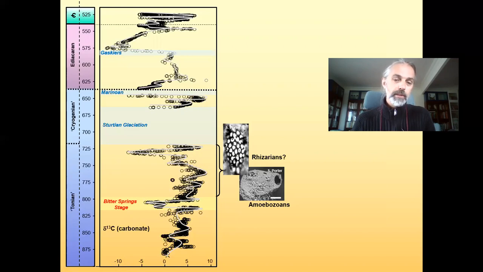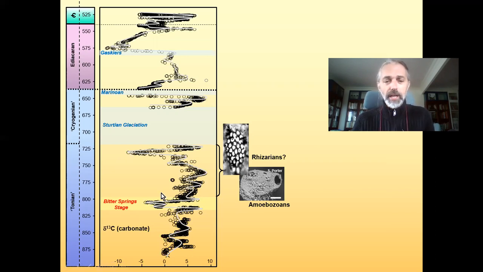For example, sometimes values that are very high, like these ones here, tell us that a lot of biological productivity happened and that a lot of organic carbon was buried, while drops to negative values like these ones here indicate a disturbance of the entire carbon cycle, maybe a collapse of ecosystems, maybe the release of isotopically light carbon into the atmosphere, or any other mechanisms that we are not yet aware of.